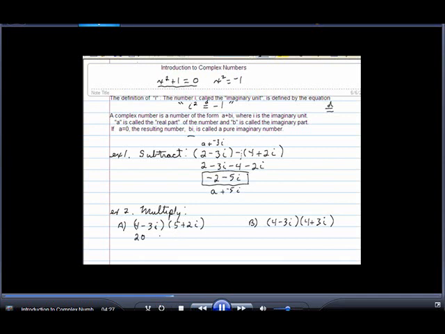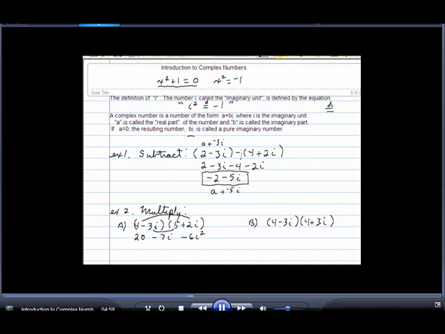To get the last term of our answer, we multiply the last terms, and we get negative 3i times positive 2i is negative 6i squared. To get our center term, we do an inside product plus an outside product. The inside product is negative 15i. The outside product is positive 8i. Negative 15i and positive 8i is negative 7i.